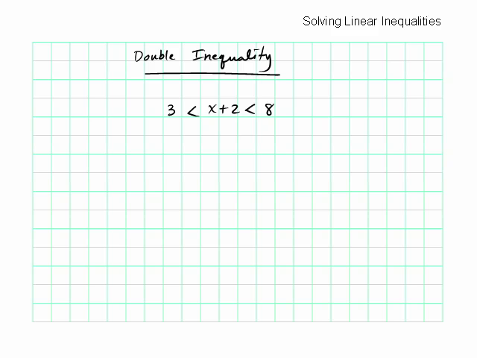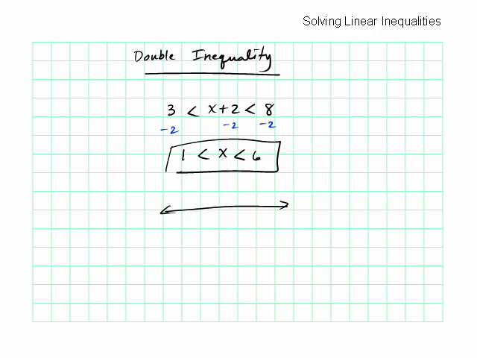And so what I'm going to do is subtract 2 from all 3 parts. Now what I'm doing is solving 2 inequalities at the same time. So in the center I have x, and on this side I've got 3 minus 2, that's a 1, and over here I've got a 6. And I have x by itself in the center, and that means I've solved the double inequality. x is between 1 and 6.